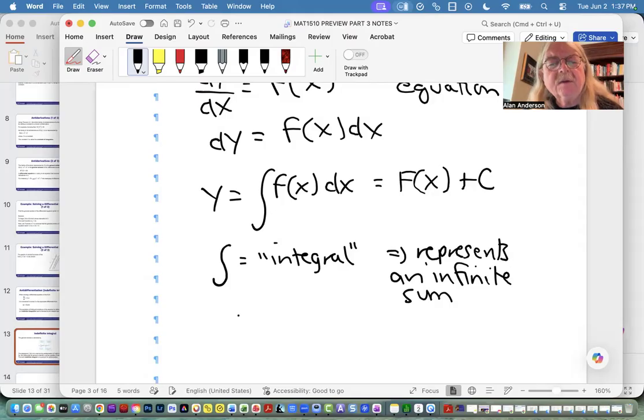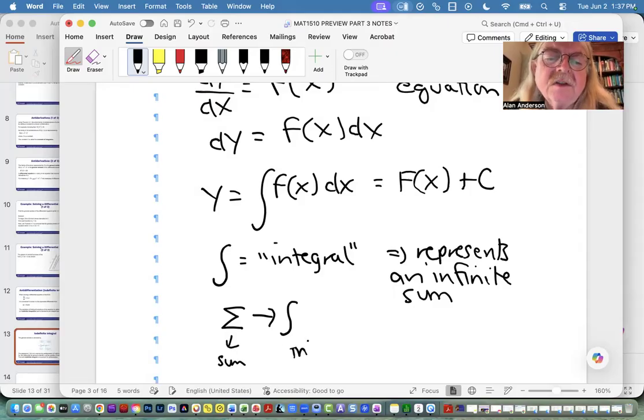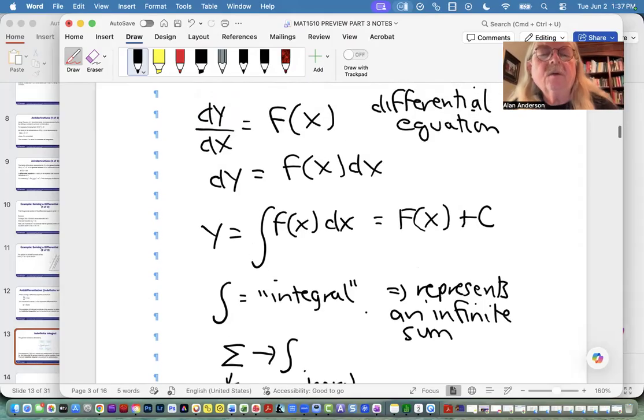In fact, some people think that the reason we have this S symbol is that if you take your summation symbol and sort of stretch it out, it becomes an S. It's hard to say sometimes where these symbols come from. Somewhere along the way, some mathematician decided that it looked like the way to go, and that's what we've had ever since. So this represents a sum. This is an integral, which is an infinite sum. So when you see that symbol, it means we're finding the antiderivative of that function. Okay.